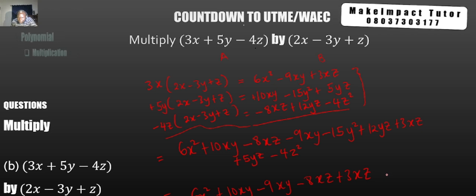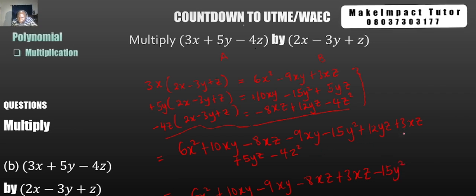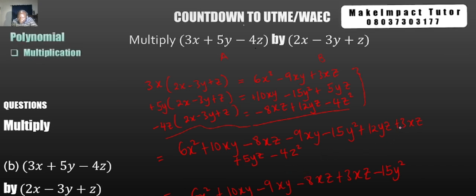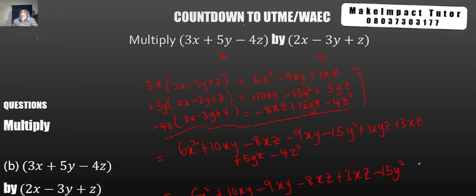The next one is minus 15y squared. Do we have another y squared? No, I think we don't have another y squared. That's fine.